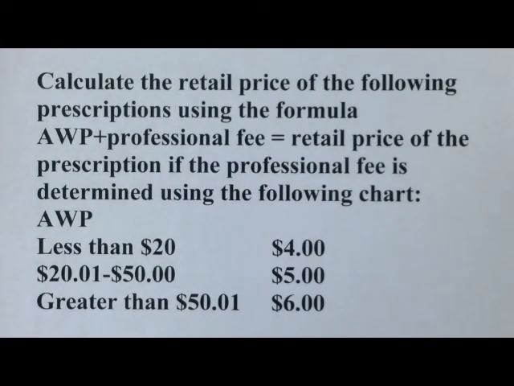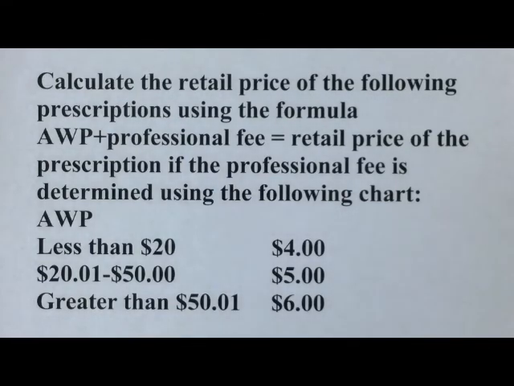Hi, now we're looking at an illustration that covers calculating AWPs and retail cost. This is more like the billing and calculations you'll see for community pharmacy. It's titled Usual and Customary, which refers to the type of problems you'll see when we're calculating what a patient will pay when picking up a prescription. These examples are pulled from chapter 22 in your calculations book.